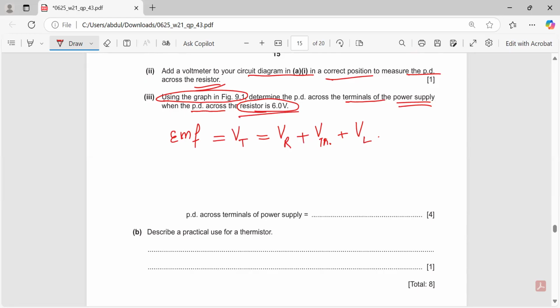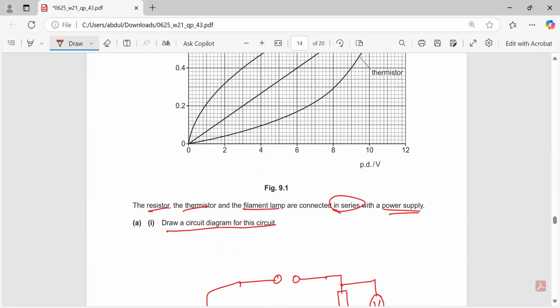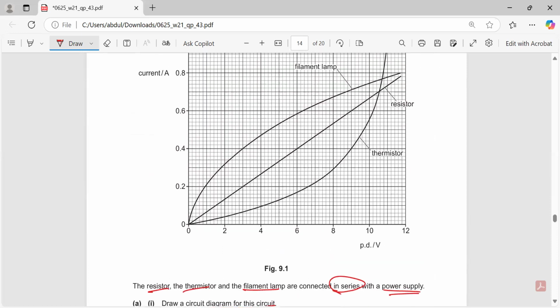So how will we calculate? Voltage across the resistor is already mentioned, 6 volts, plus, let's see, this is a resistor. So 6 volt, a straight line.